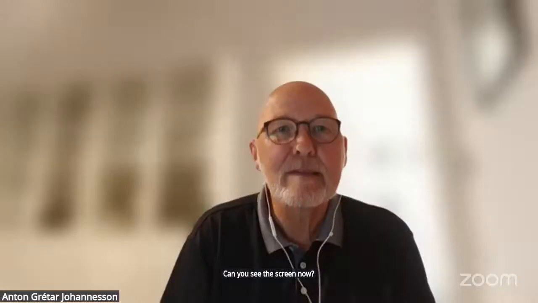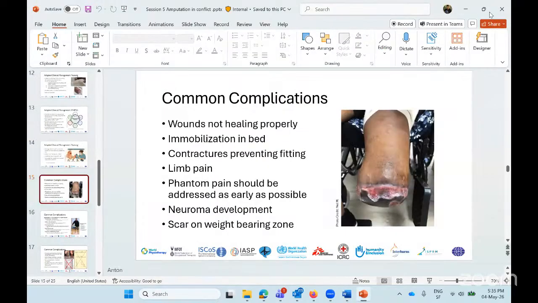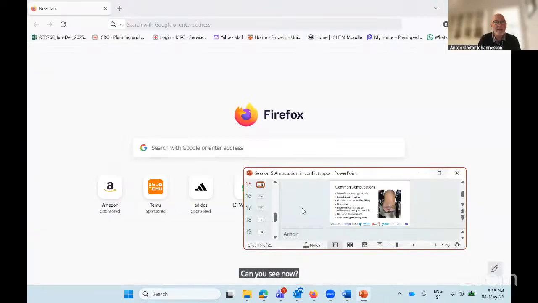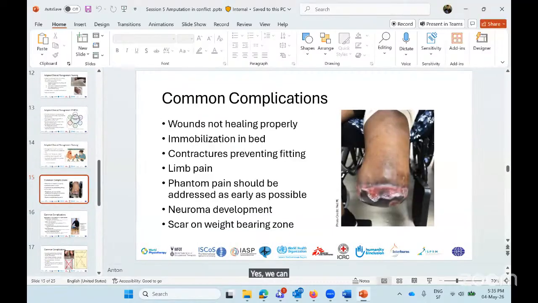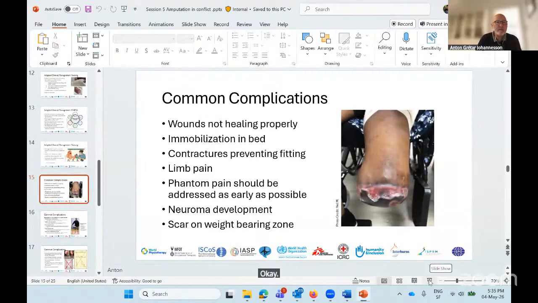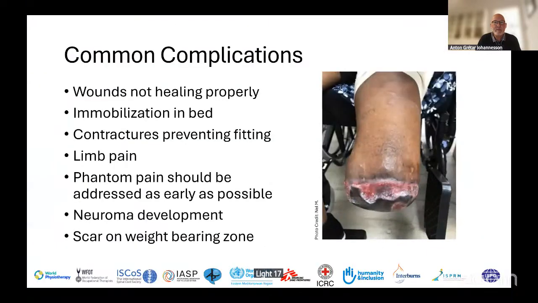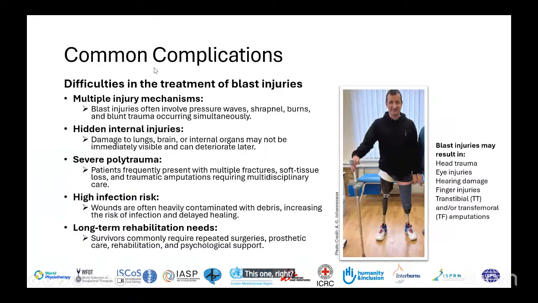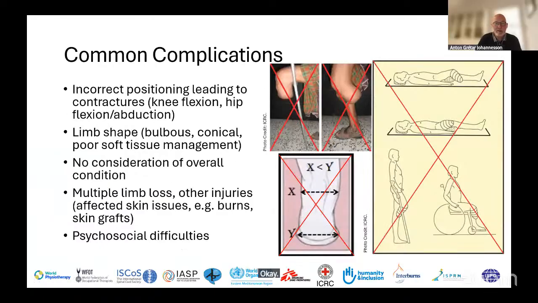Can you see the screen now? Not yet, Subhash. Can you see now? Yes, we can. Okay. Slide 17. This one, right? No, next one. Okay. This one, yes. Thank you.